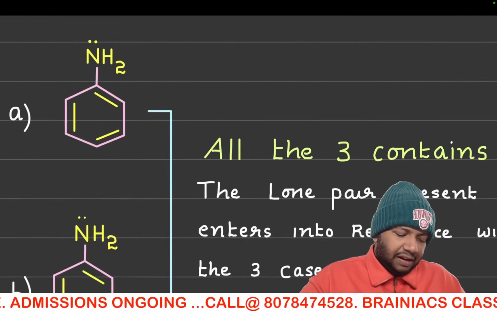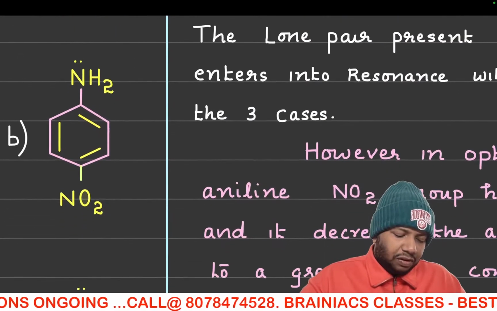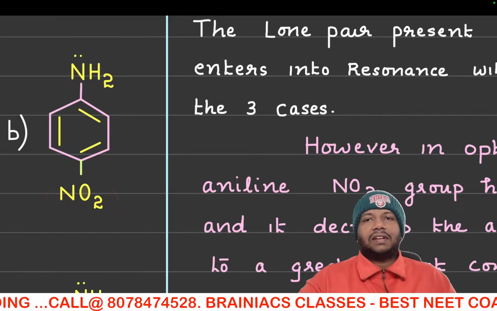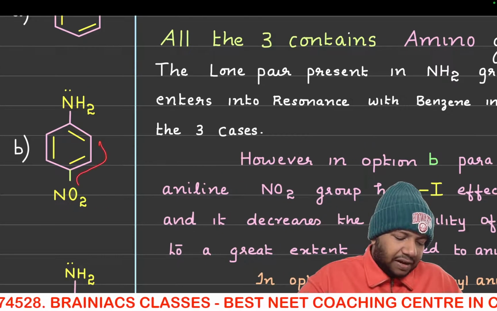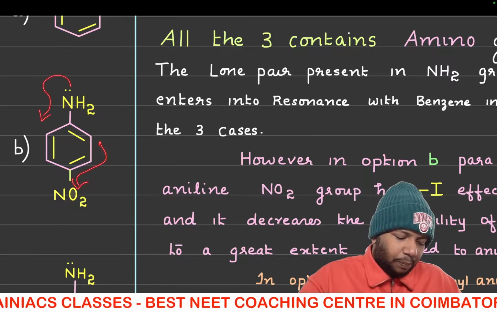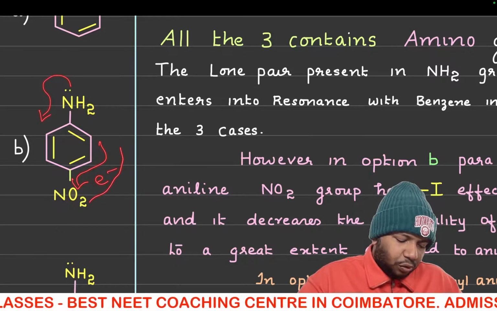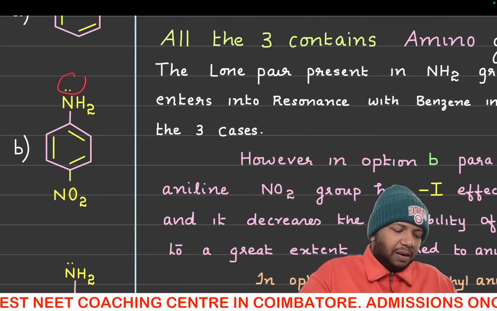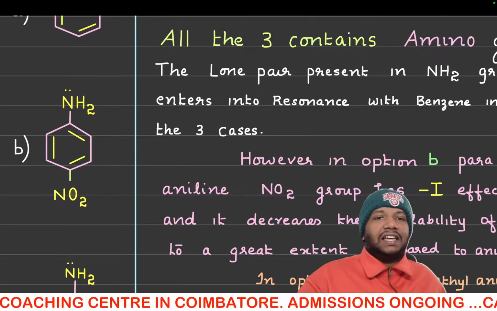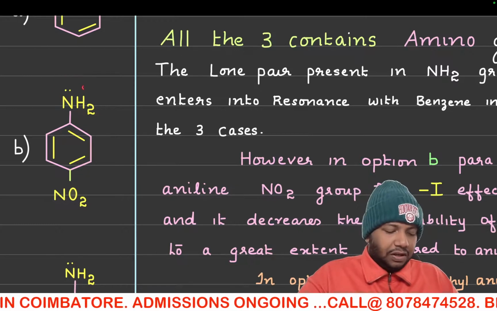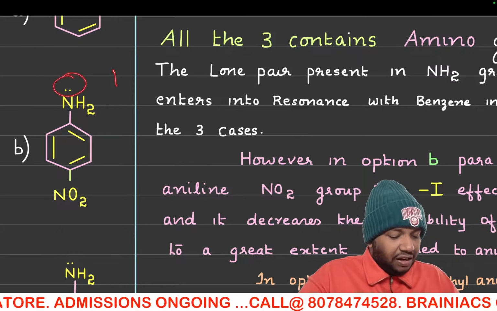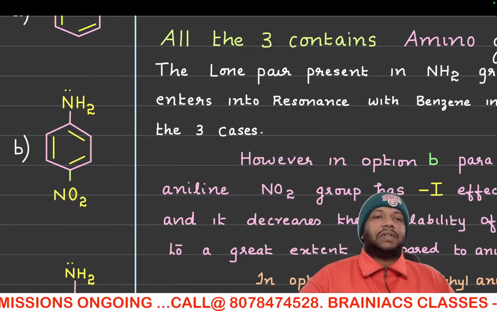This is aniline I have taken. In the next species the nitro group is present. This has a minus I effect, so it will attract the electron pair or negative charge very fast towards its side. So deficiency will appear very fast, and it has very little capability to attract H plus.